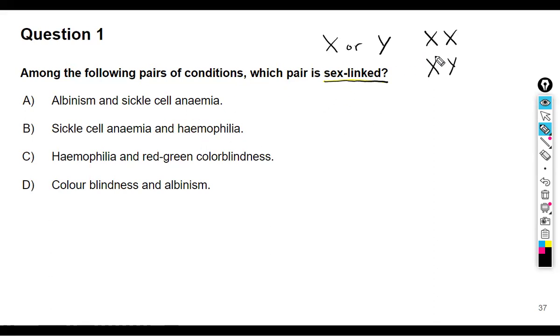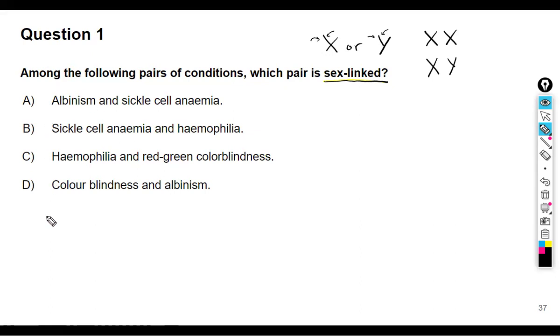So which one of these? Well, they're talking about genes. In the X and Y chromosomes, there will be genes inside of them. Some of these genes within the X and Y chromosomes cause certain conditions.